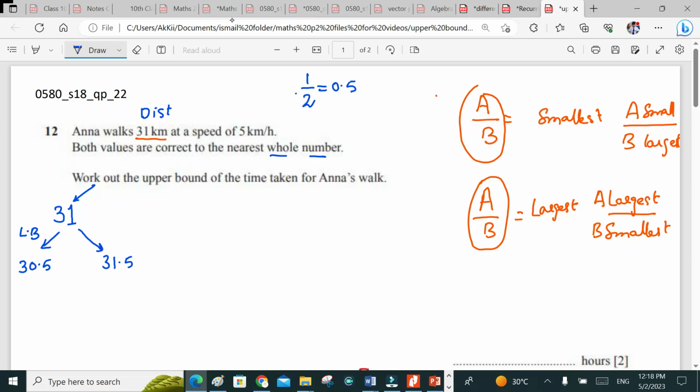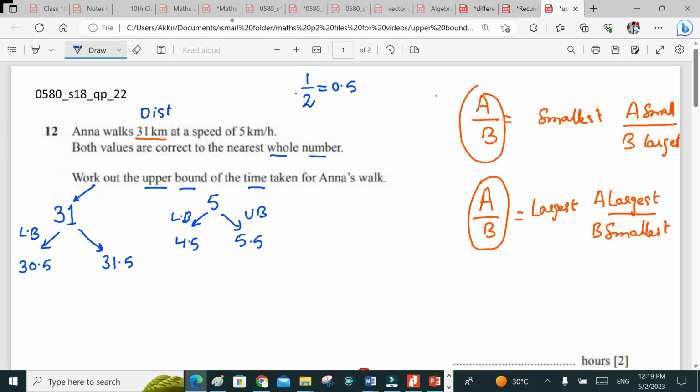Similarly, if I go for the speed, if I subtract 0.5 from it, it will become 4.5, that is the lower bound, and if I add 0.5 to it, it will become 5.5, the upper bound. Now what's being asked? The upper bound of the time.